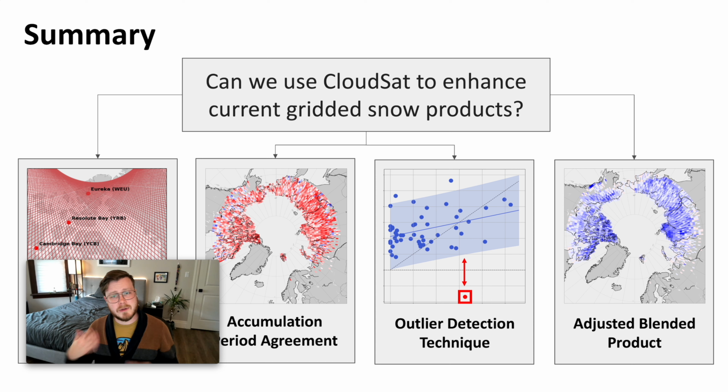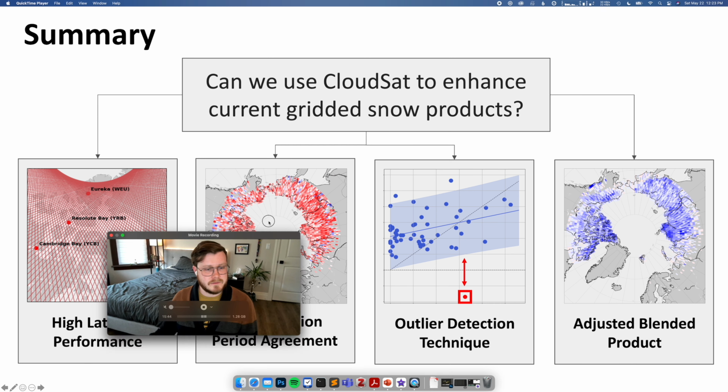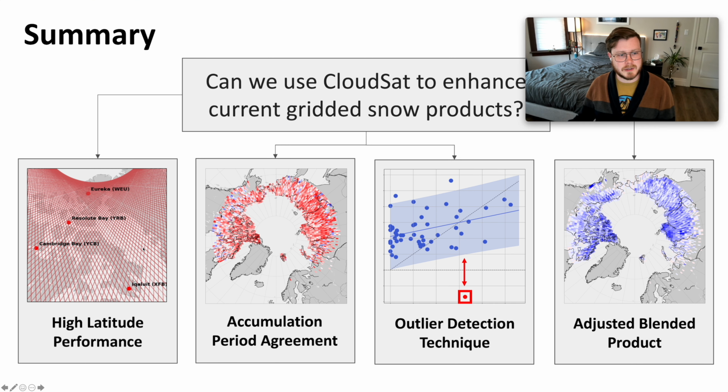And so in summary, can we use CloudSat to enhance current gridded snow products? This was our overarching question. Using this technique that we've discussed in our previous works, where we're aggregating CloudSat estimates over high latitudes, and given the strong performance we see there, as well as the accumulation period agreement that we're seeing throughout the region we're comparing here, we can use this outlier detection technique to identify statistically inconsistent periods, like the case we saw at Resolute Bay, to trace those back and find out why we might be having issues in the gridded products we're looking at.